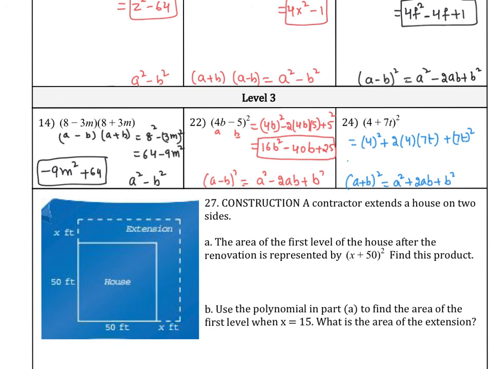So the (7t)², that is 49t² in the front. 2 times 4 is 8 times 7 is 56t, plus 4², that is 16. So what I did is I wrote this term in the front and then this one in the middle and then the constant last.